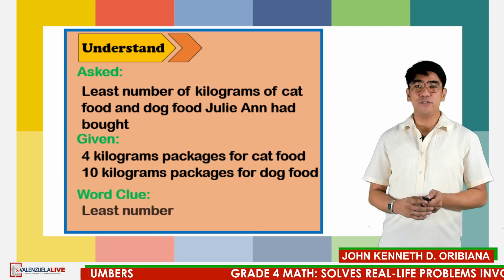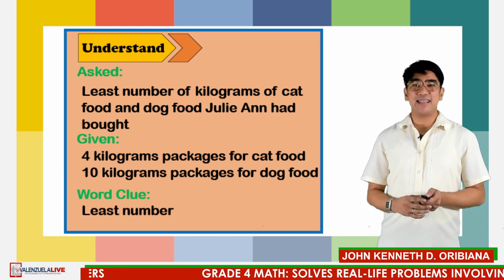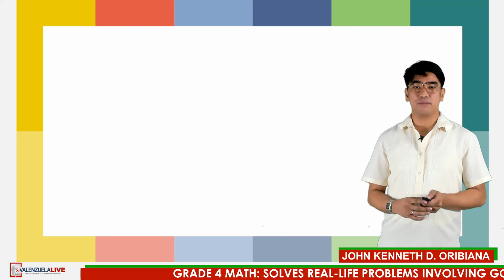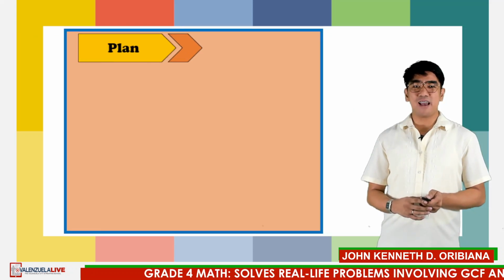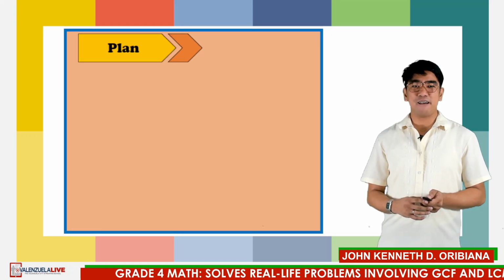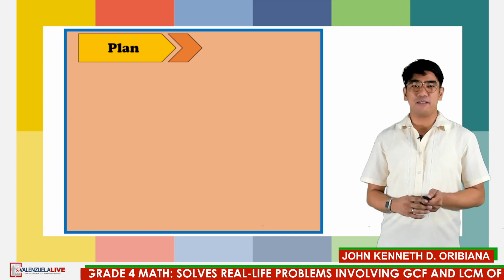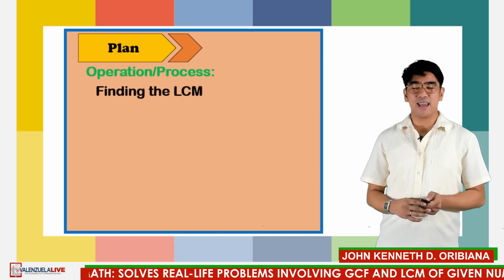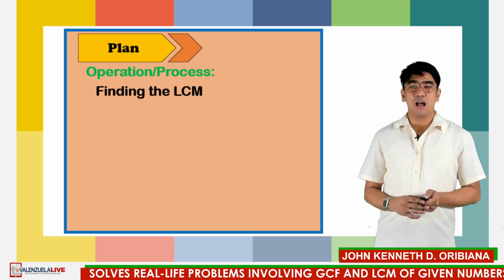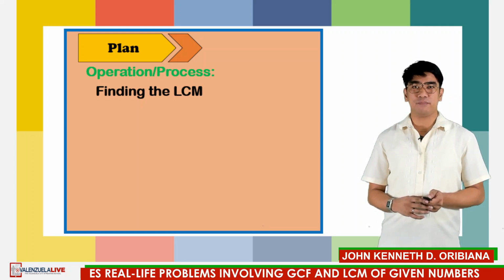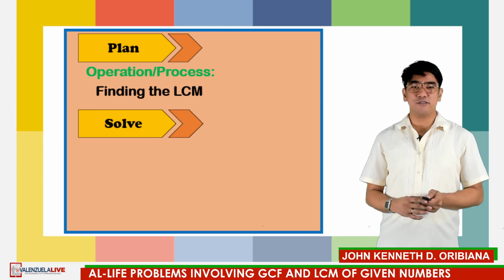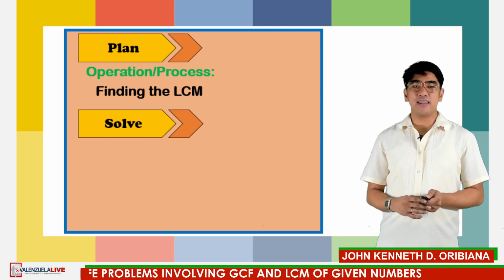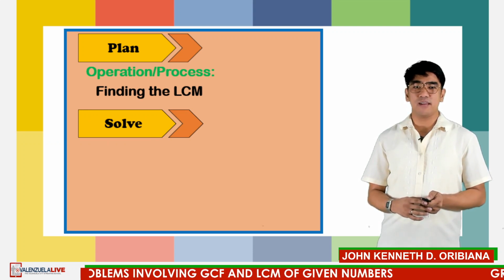And the word clue in our problem is the least number. Next step is to plan. In this step, we have to choose a process to solve the problem, which is finding the LCM because of the word least number. Next is to solve, using again continuous division.